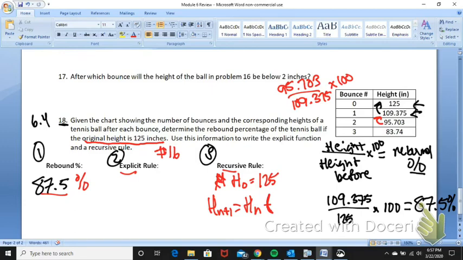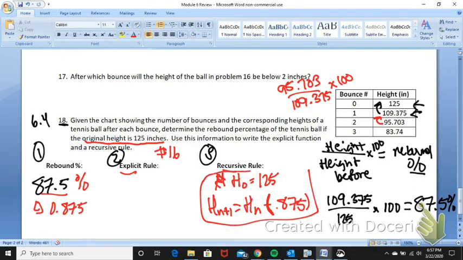This time, sorry, not plus, we're going to be multiplying times this as a decimal, which is 0.875, and multiply it times that, and there it is. That's going to be our final answer for our recursive rule.